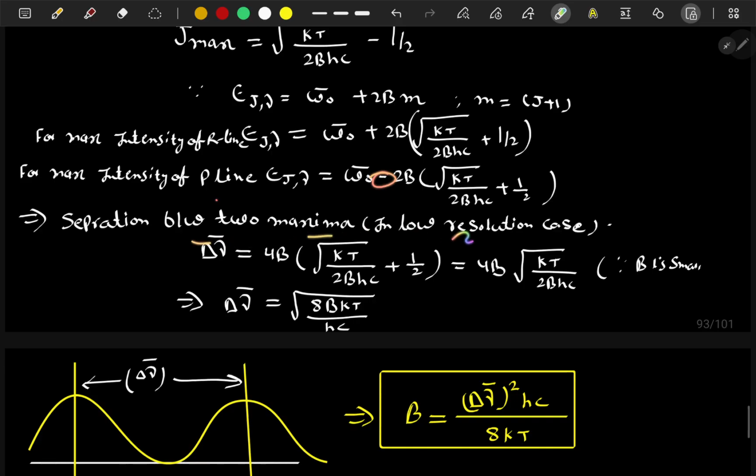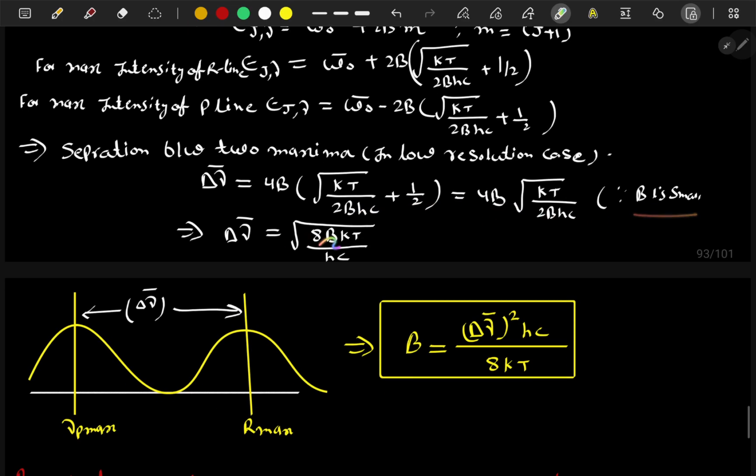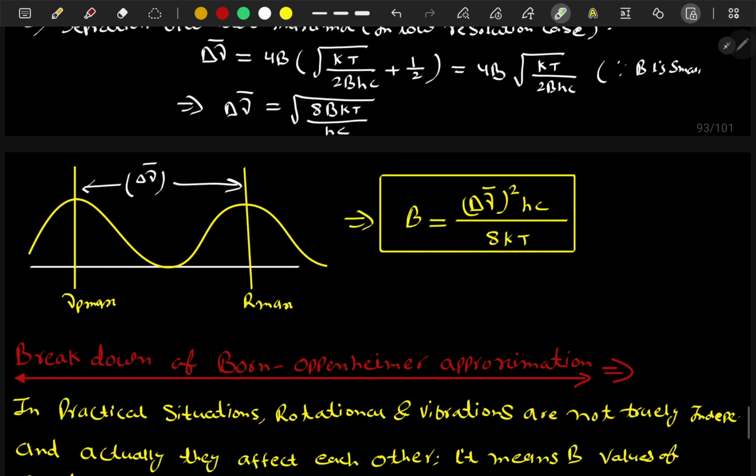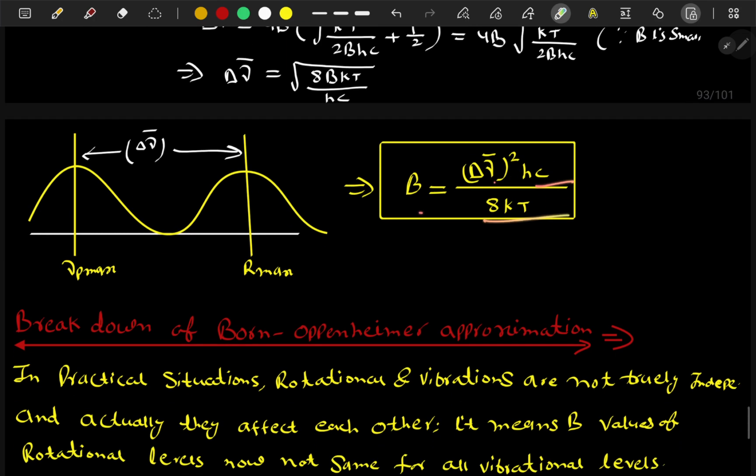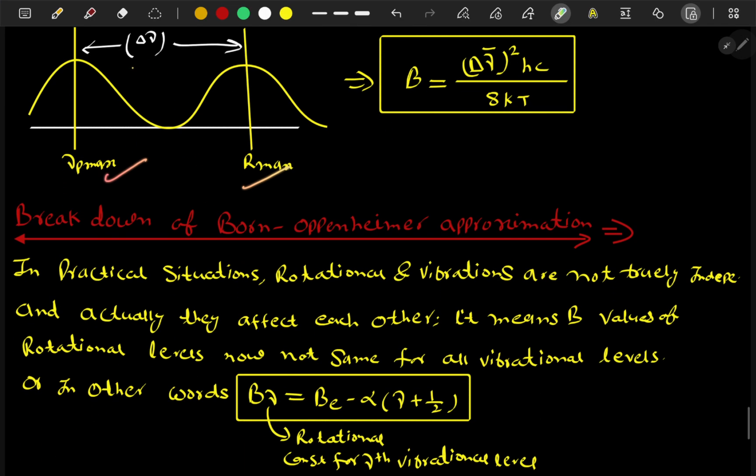Now the separation between two maxima in the low resolution case: Δμ bar equals 4B √(kT/2Bhc) plus 1/2, that is 4B √(kT/2Bhc), where B is small, and Δμ bar equals 8 √(BkT/hc), so B is Δμ bar squared hc by 8kT. Now this is the P maximum, this is the R maximum, and the difference is Δμ bar.